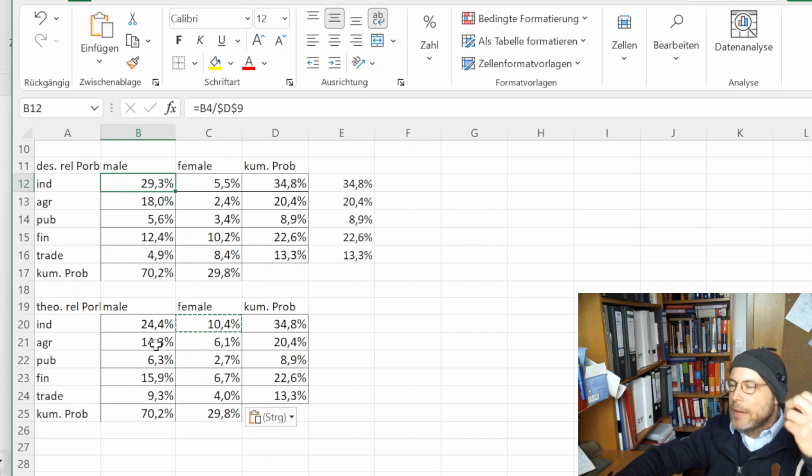And then you can make a first guess. If these numbers are quite close, you would say, well, I think they are statistically independent, but we see here on this level, well, they differ quite a lot. 0.5 percentage points, also 5 percentage points, 4 percentage points, and so on.